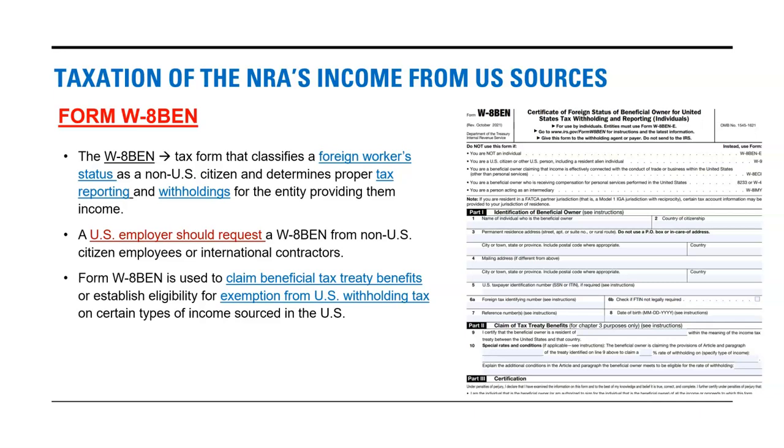So the person providing services, a foreigner or non-resident alien, should properly fill out and include all the information and provide the W-8BEN form. This form can be used to claim beneficial tax treaty benefits or eligibility for exemptions from United States withholding tax on certain types of income sourced in the United States. Okay, and this is the W-8BEN form.